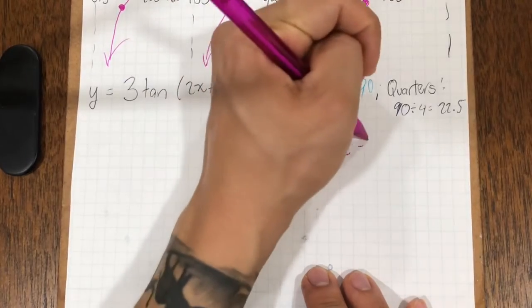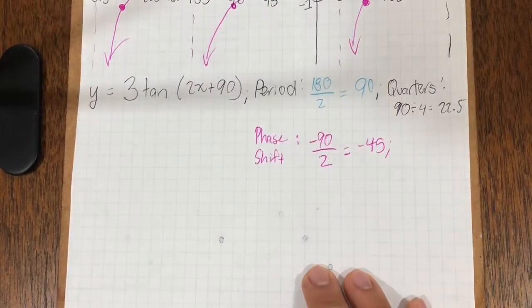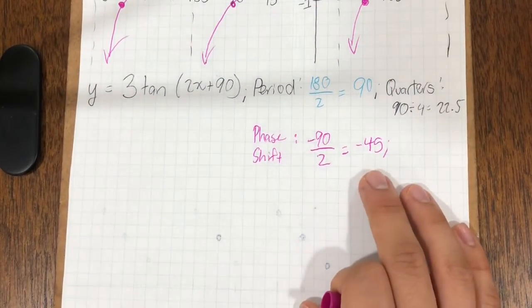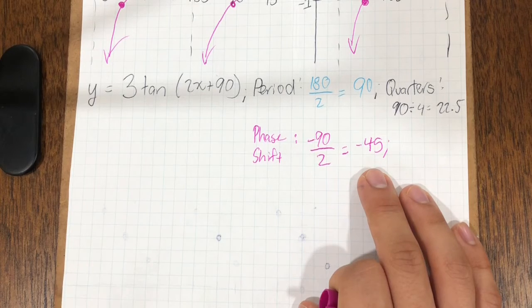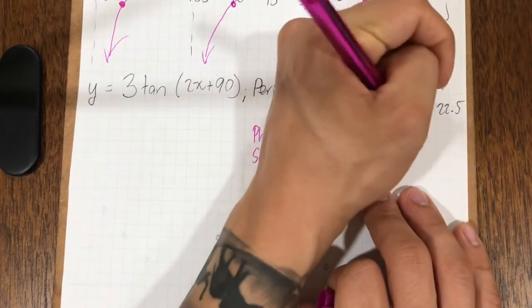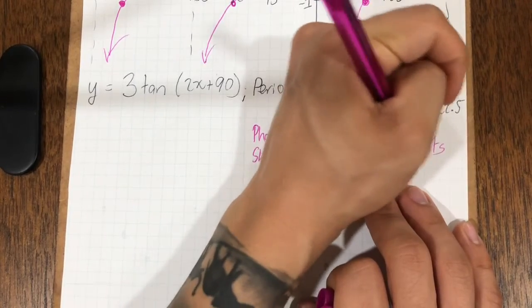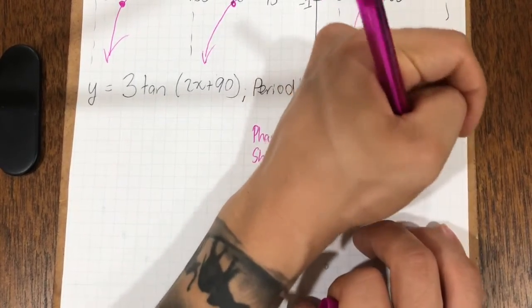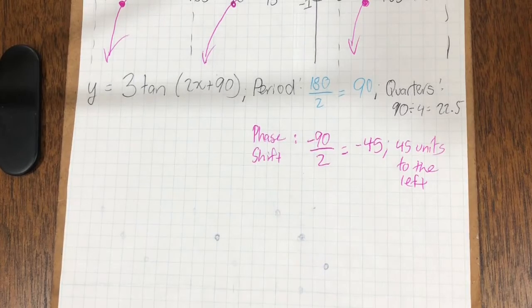And that gives me negative 45. So my phase shift is negative 45 units, and the negative direction is the left side. So that's going to be 45 units to the left. Okay, so we're going to go ahead and make my graph.